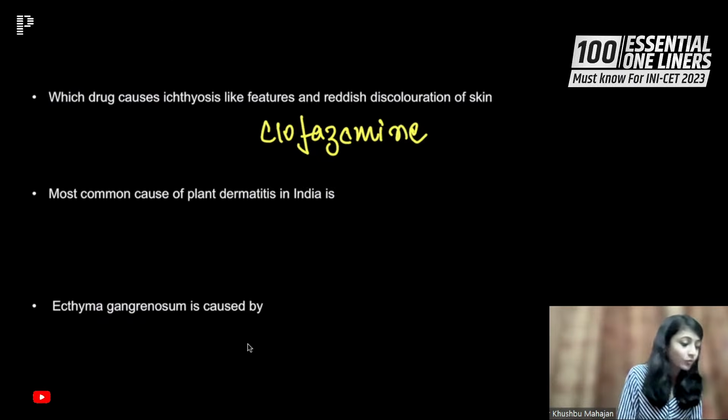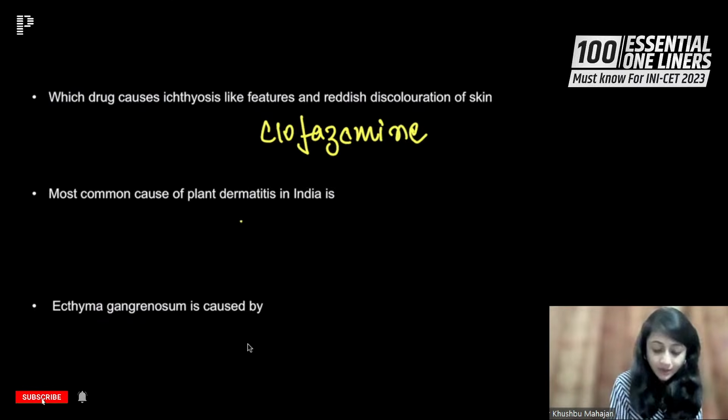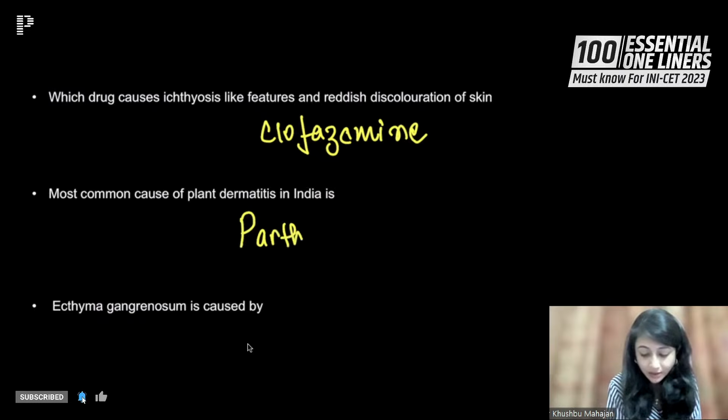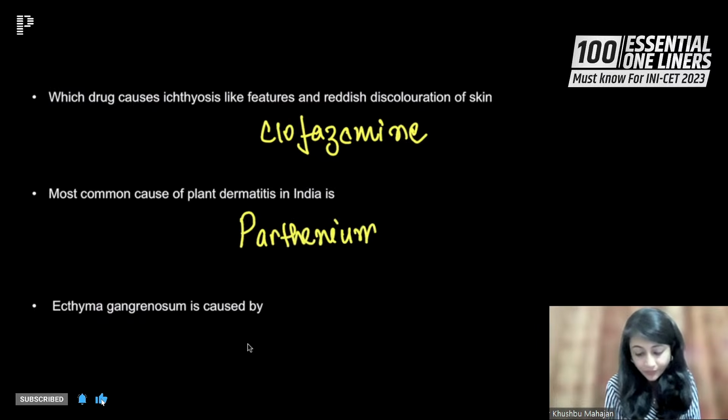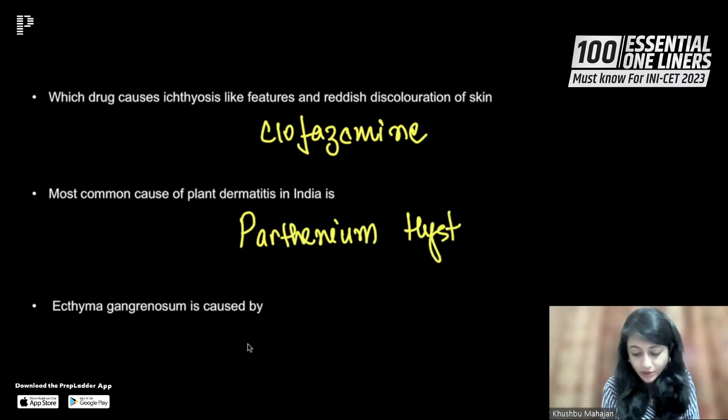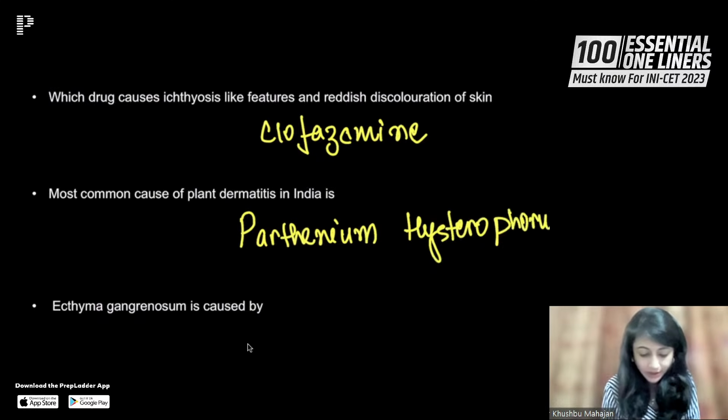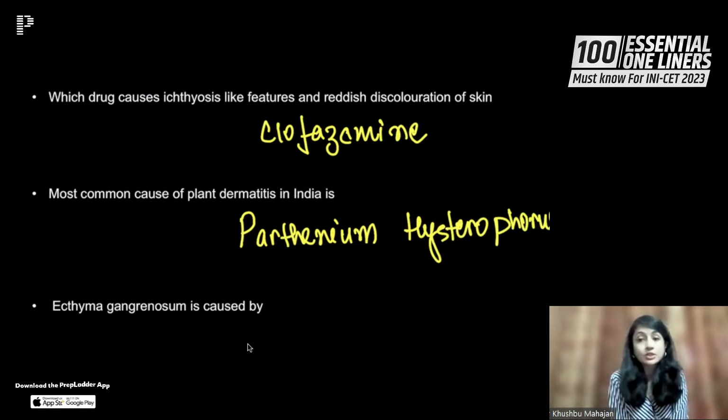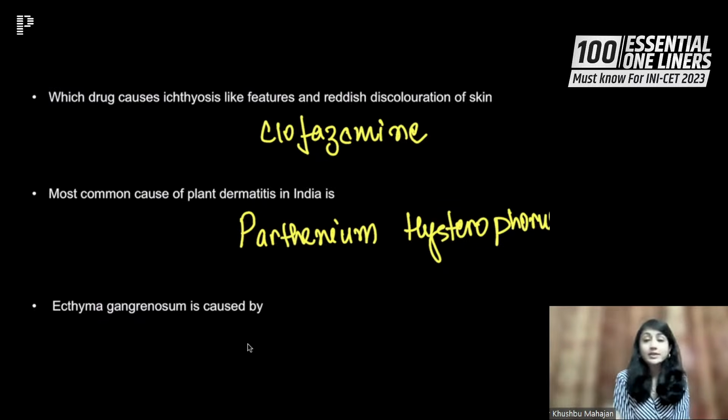Next question, most common cause of plant dermatitis in India. Sam already gave me the answer. Yes, it is Parthenium hysterophorus. Parthenium hysterophorus is the most common cause of plant dermatitis in India. Very good. Next, ecthyma gangrenosum is caused by. What causes ecthyma gangrenosum?